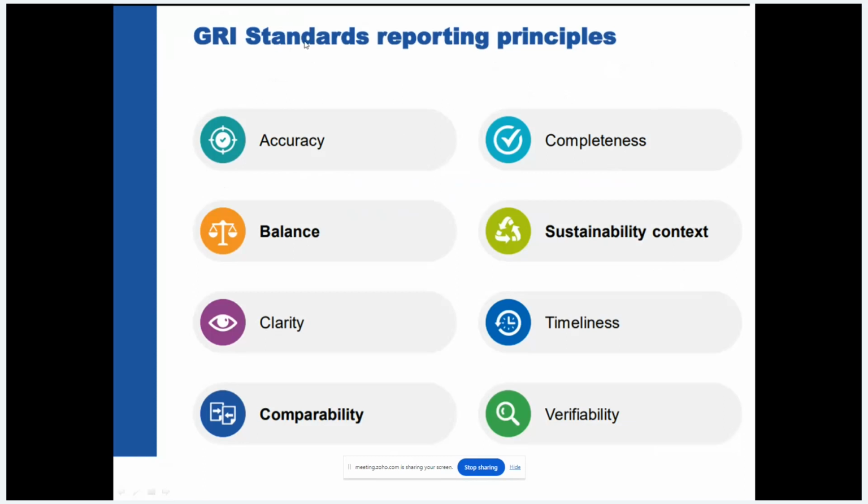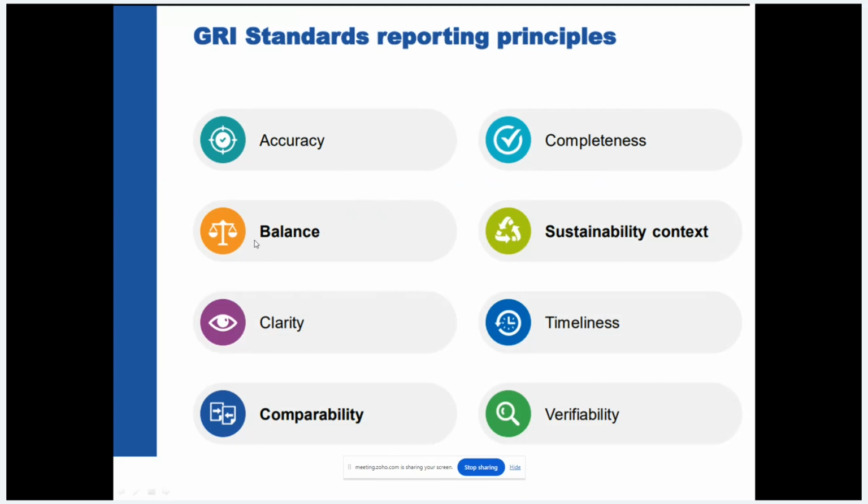So this is about reporting principles. There are 8 reporting principles when we are doing sustainability standard reporting, and in the same way when we are linking SDGs to the sustainability report. The first is accuracy. The report has to be accurate, and the data should be verifiable.